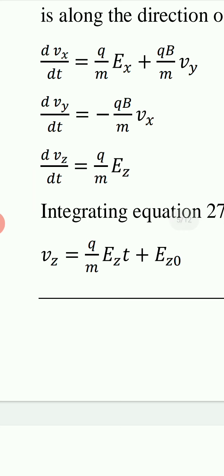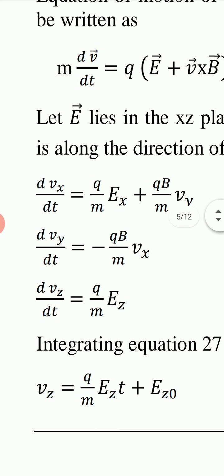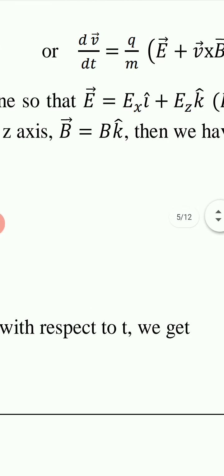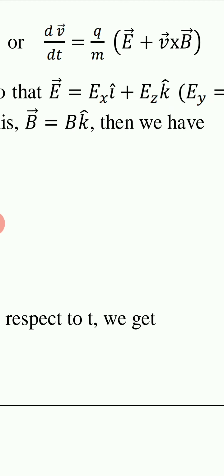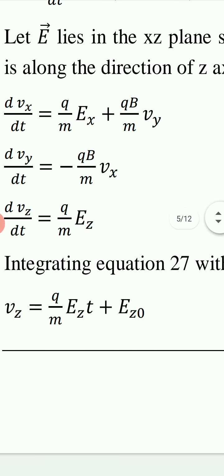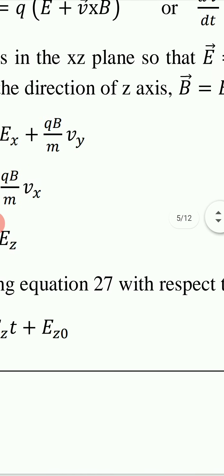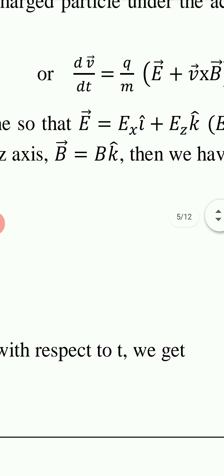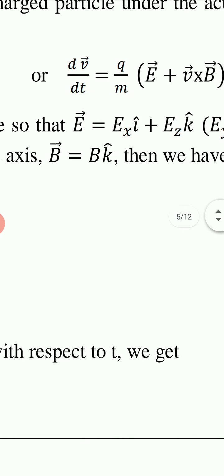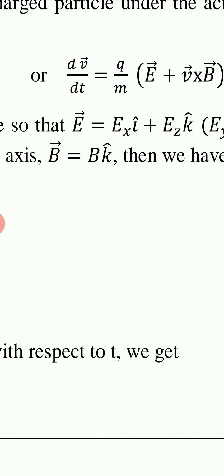Now, what will be the x component of this equation? On the left hand side we get dVx/dt. Vx is the x component of velocity vector v. So for the x component we can write dVx/dt equal to, and on the right hand side we have q/m Ex for the first term.